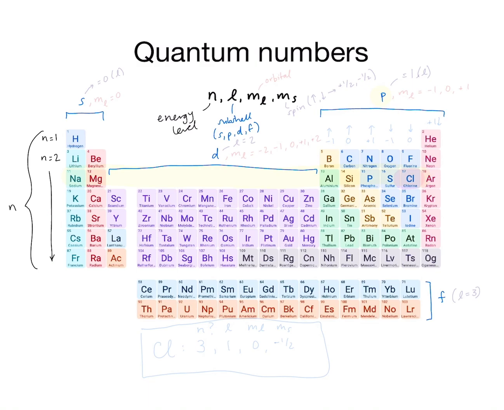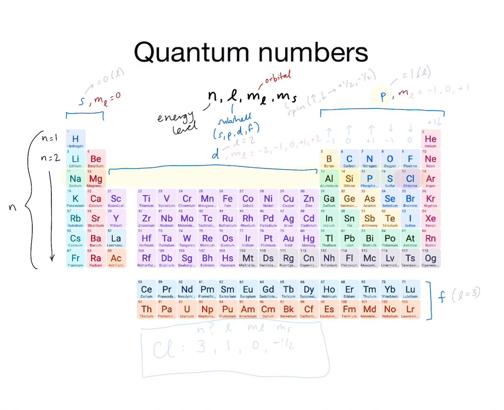The m sub l is the magnetic quantum number, and this helps us determine our orbital. And so for s, we only have m sub l equals 0. For p, we have the px, py, and pz orbitals for different orientations.